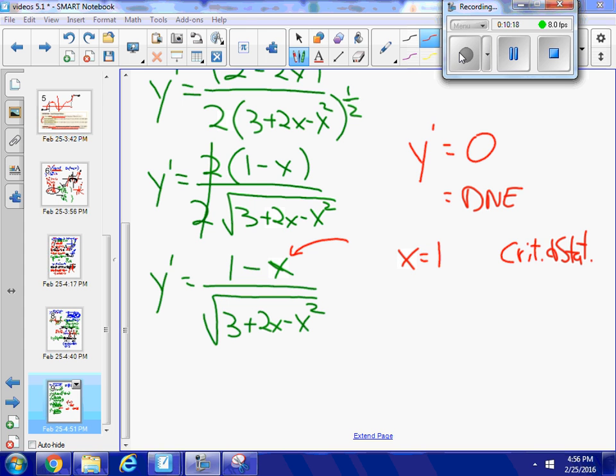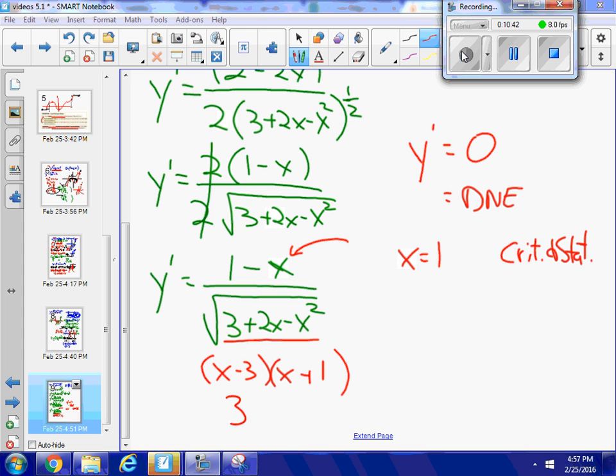But I also can see that I'm going to have some x's in my denominator that are going to make it equal to 0. And if you remember, we just factored this whole thing out, and we found out that this factors into x minus 3 and x plus 1.